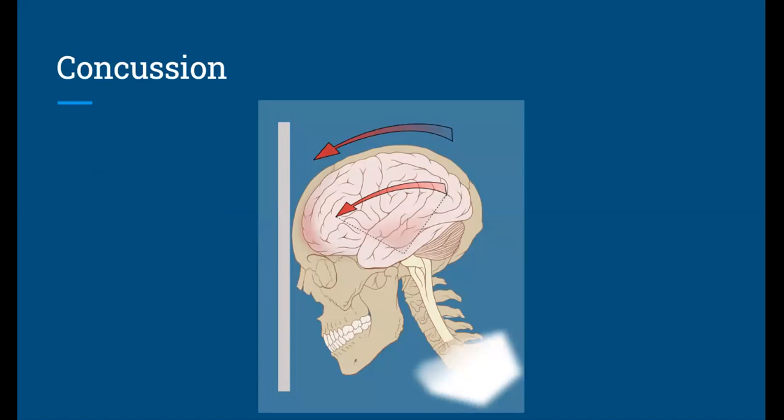So this is where your head has a sudden movement and your brain sort of smashes against one of the sides of the skull, and it causes nausea and disorientation and all of that. It can also cause serious damage like memory loss and brain damage and stuff like that. So this is a pretty serious injury.